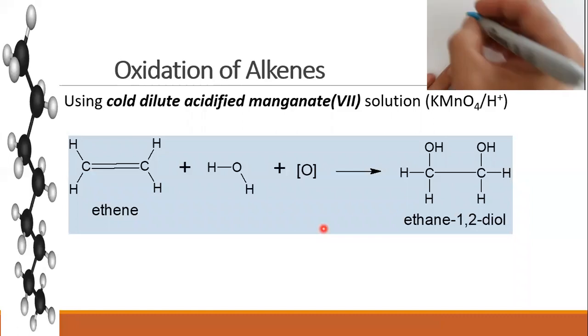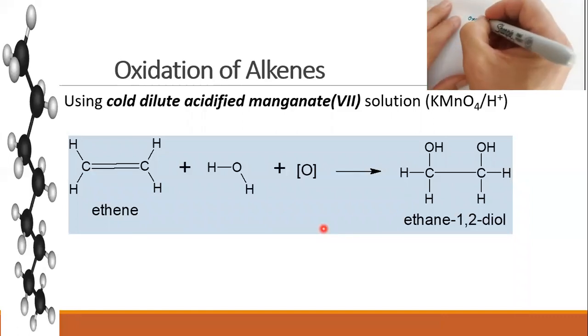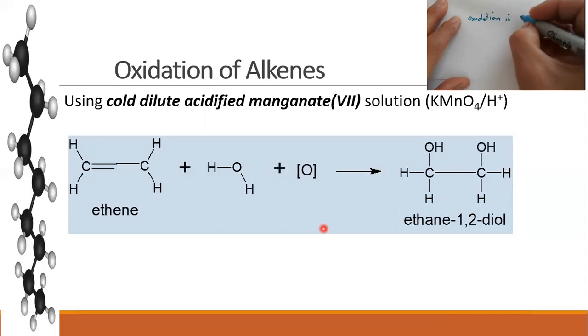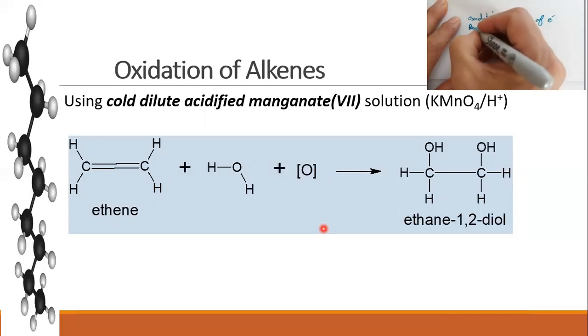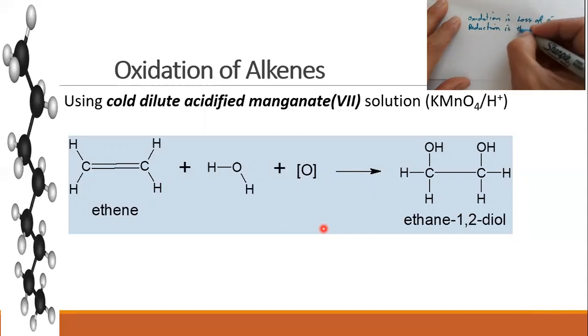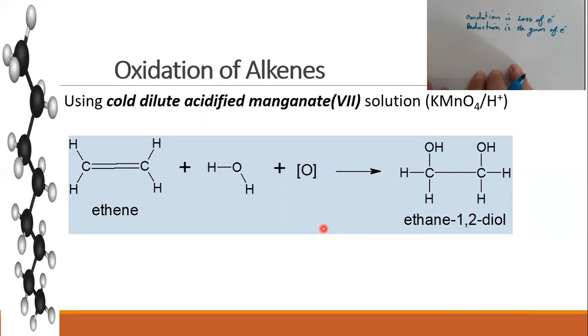So just quickly, oxidation is the loss of electrons, while reduction is the gain of electrons. Remember from electrochemistry, you've done that, right? In organic chemistry, we can view it in a different way.